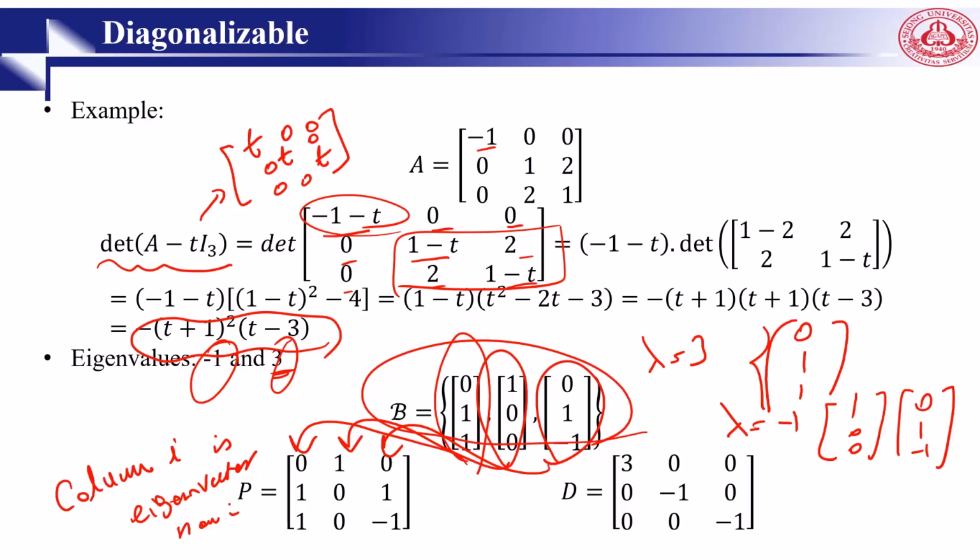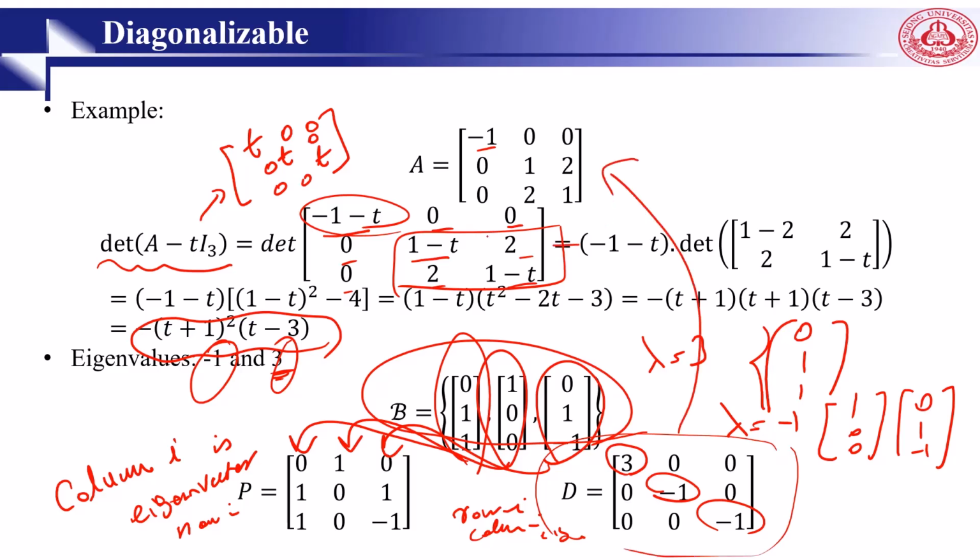Then we need to find D. For the D matrix, row i, column i is the eigenvalue number i. We get 3 here, minus 1 here, and minus 1 here, because the multiplicity of minus 1 was 2, and the rest is 0. So this is the diagonal form of this matrix.